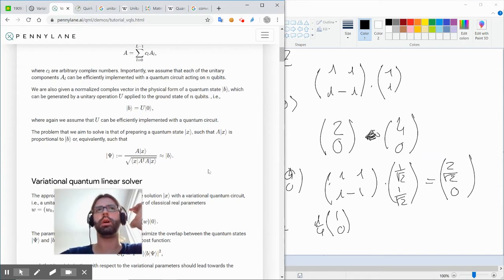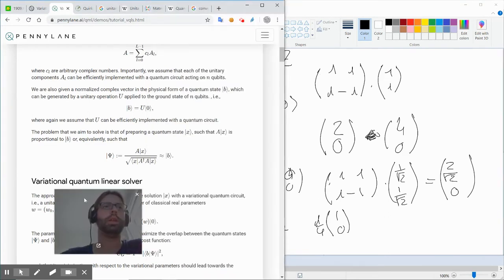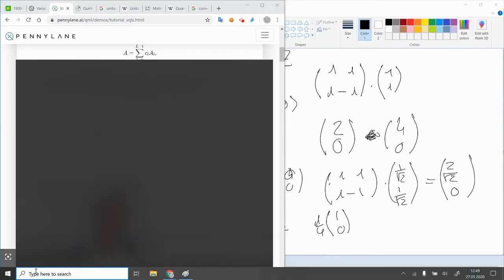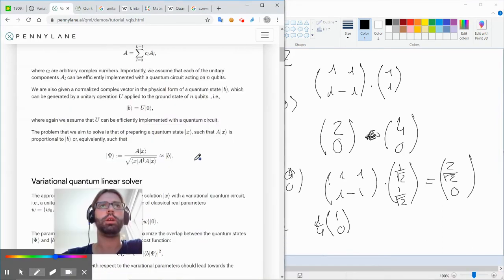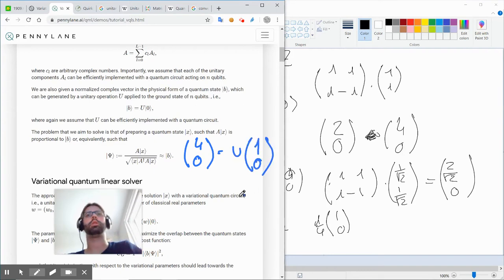So okay, I should clean that up probably. I need, come on, I need a U that basically, you know, multiplied like this gives me that, right?